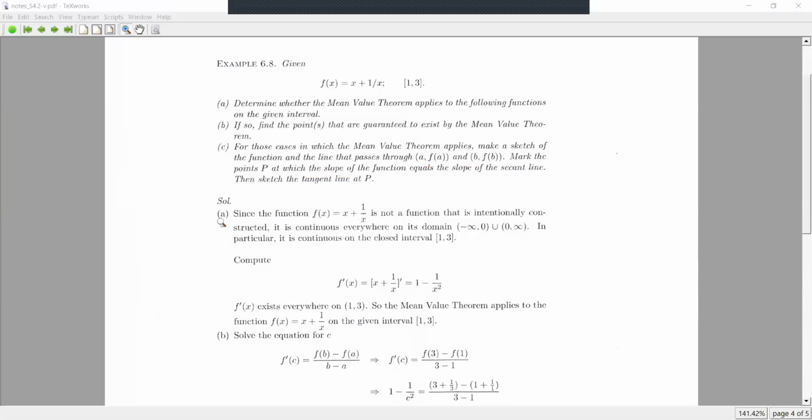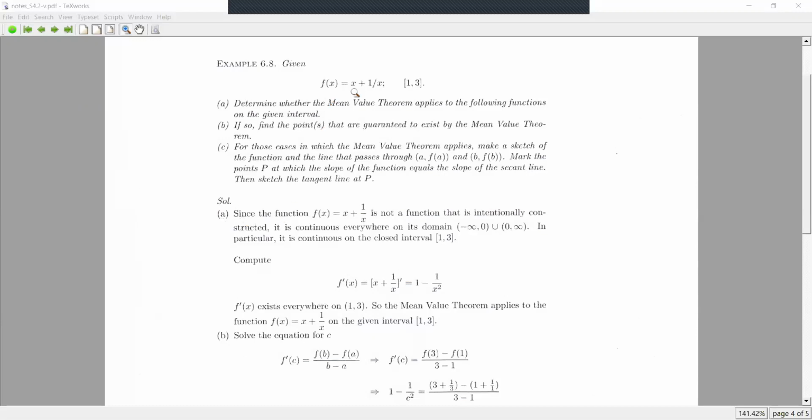Okay, let's answer the first question. Determine whether the mean value theorem applies to this function. Again, the mean value theorem has 2 conditions. The first is that the function should be continuous on the given interval. The second is that the function should be differentiable everywhere between the two endpoints of the interval.